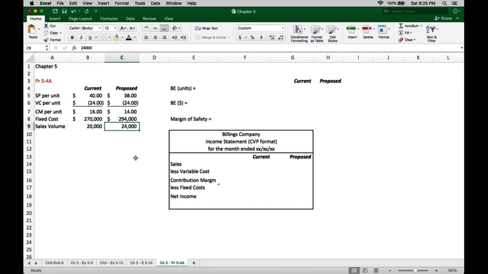That's how many units we're going to sell. Okay, so this is what we have currently, and this is her proposal. So we have to calculate the break-even point in units, break-even point in dollars, and margin of safety, both current and proposed.